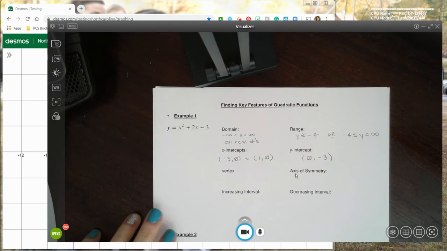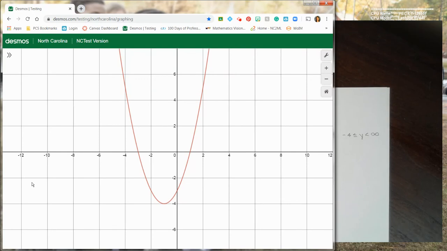The vertex and the axis of symmetry is new, and these are very specific to quadratics because the beautiful thing about a parabola is it is perfectly symmetrical around this imaginary axis of symmetry. There is an imaginary vertical line here that cuts my graph right in half.